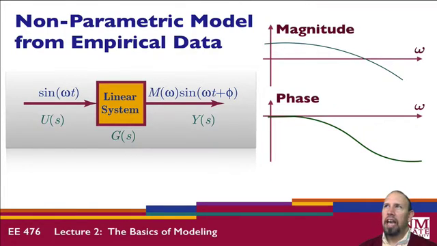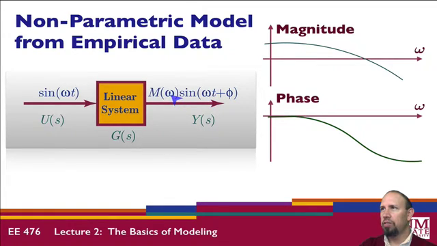In addition to having a parametric model, which is what we've been talking about up to this point, we can also get a non-parametric model from empirical data. So by way of empirical data, we know that the frequency response of a system involves applying a sinusoid of a given frequency omega. The output of the system is also a sinusoid of frequency omega, different magnitude, different phase, same frequency.